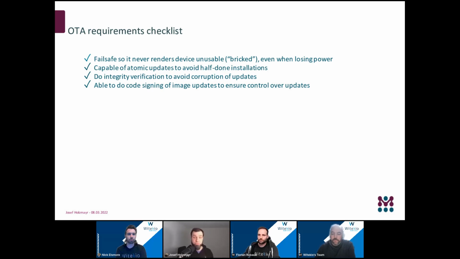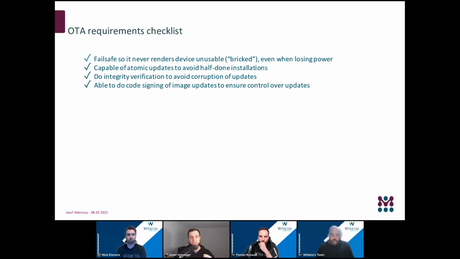The first thing really is it never should render your device unusable, even when something happens during the update, like losing power, losing connectivity, whatever, because after that, the device will be as useful as a brick, and we call it bricked. This is totally not acceptable. Along the same lines, go atomic updates. You always want an update to be deployed completely or not at all.